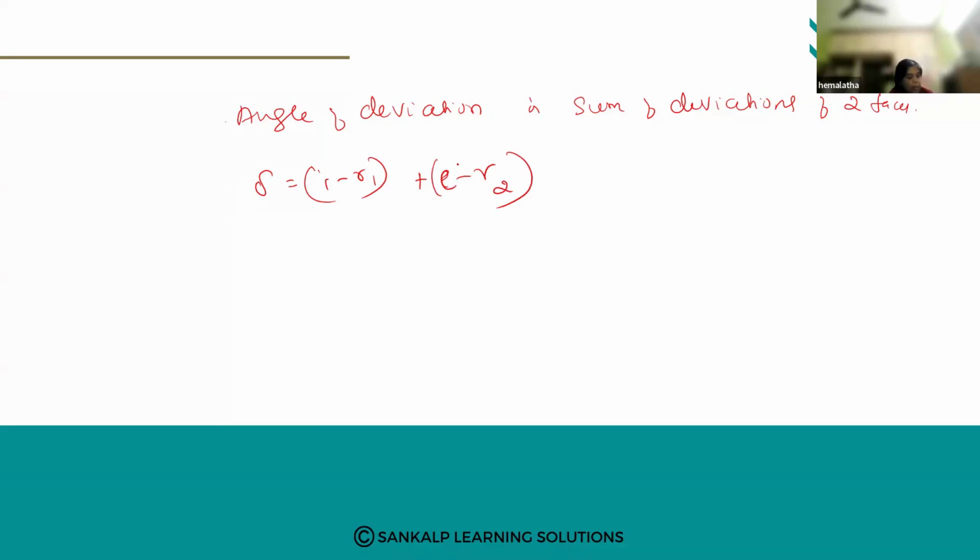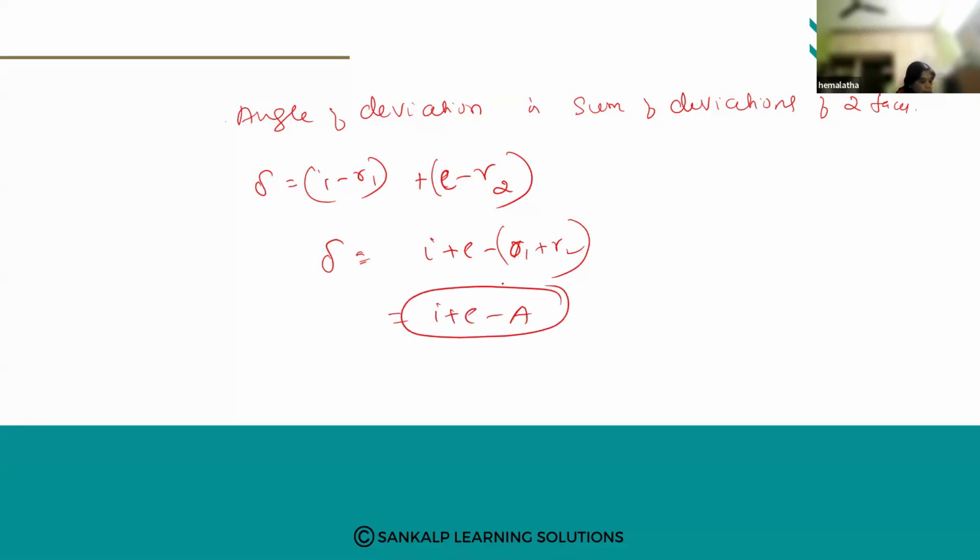Now we substitute this. Delta is I plus E minus (R1 plus R2), which is nothing but I plus E minus A. That is delta.